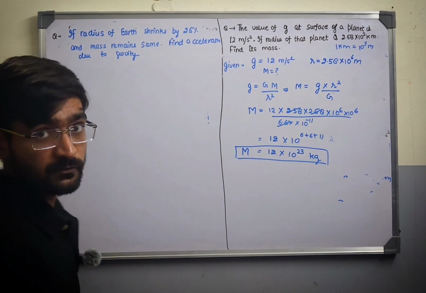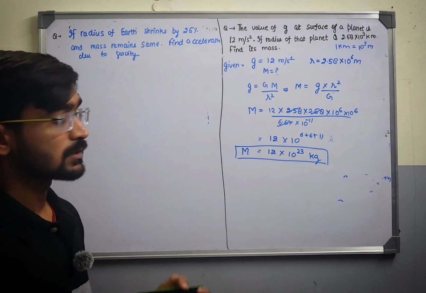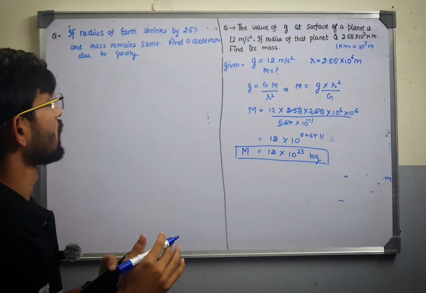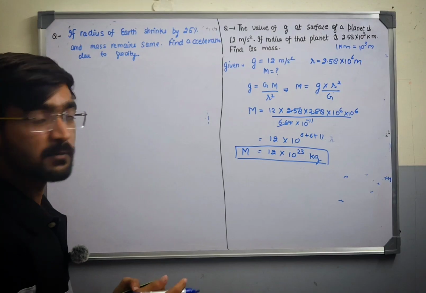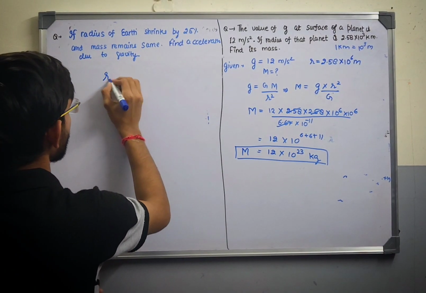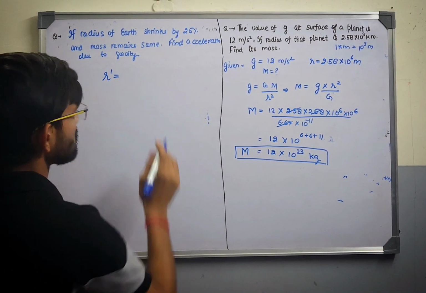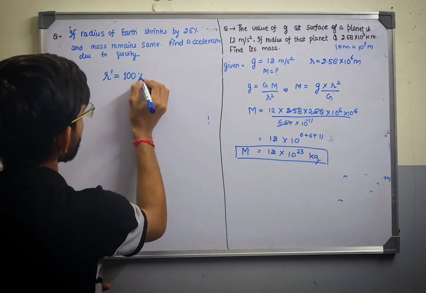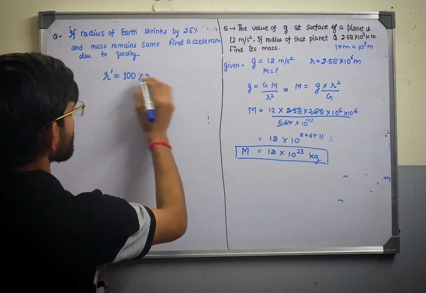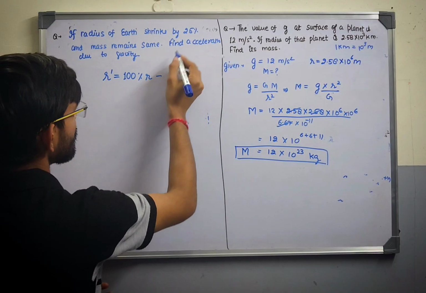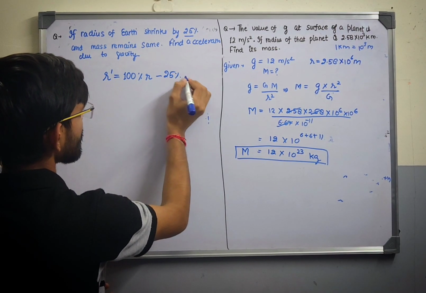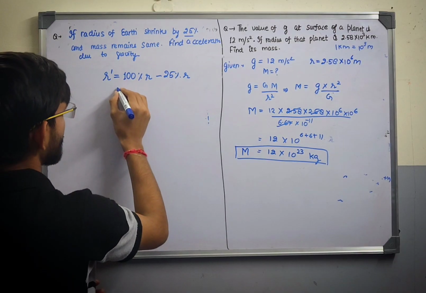Radius shrinks by 25% means the radius becomes 25% less than the previous radius. So I can write r dash equals, suppose in the previous case radius was 100%, 100% of radius of Earth. Now it shrinks by 25%, which means we subtract 25% of the radius.